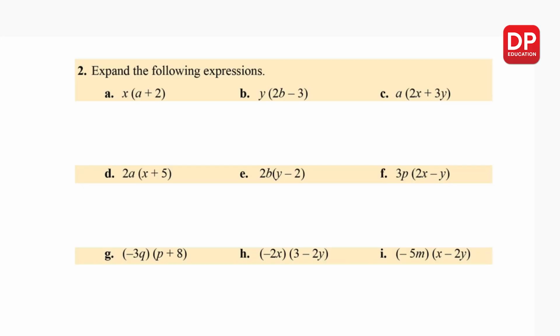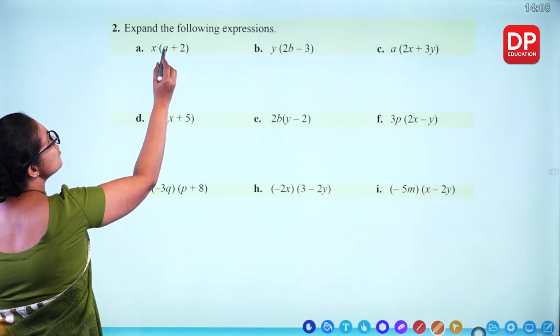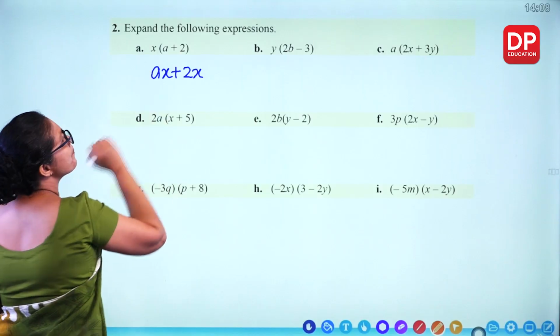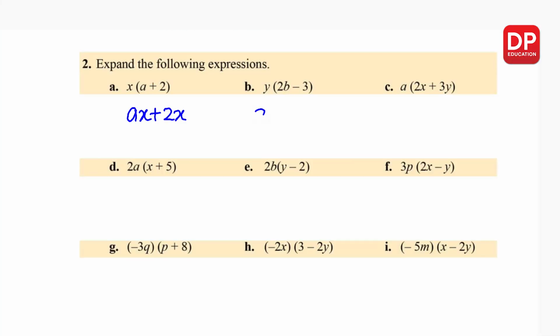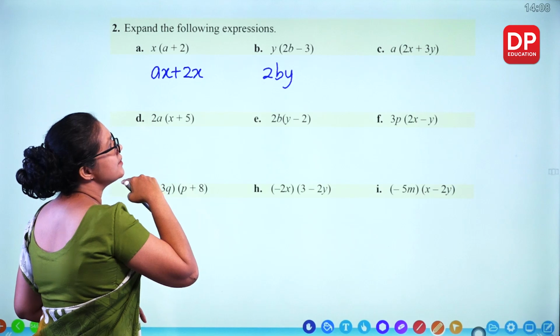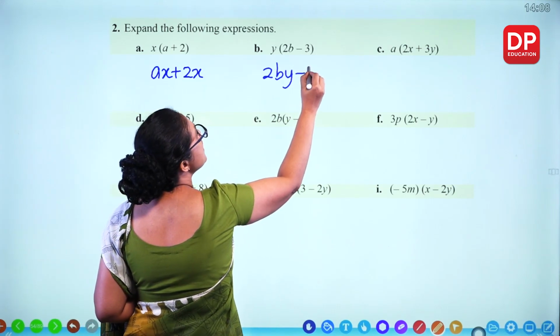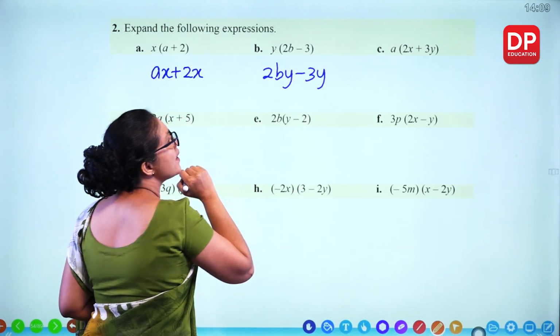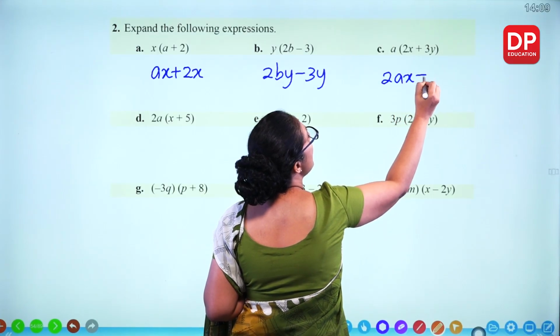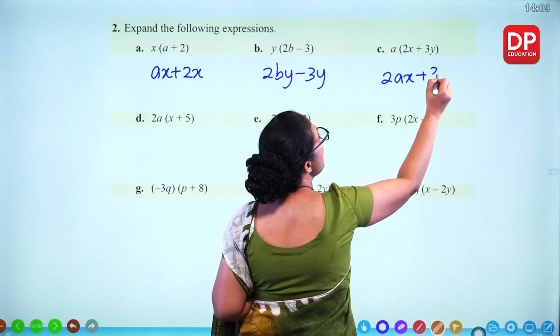C. Expand the following expressions. X into A, AX, and 2x there. 2BY. Write the letters in order. Minus 3y. 2 times AX, and you get 3AY.